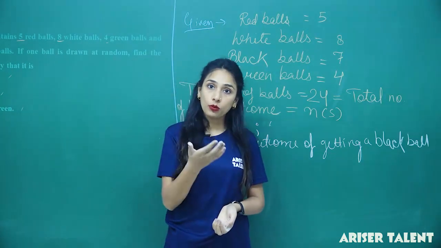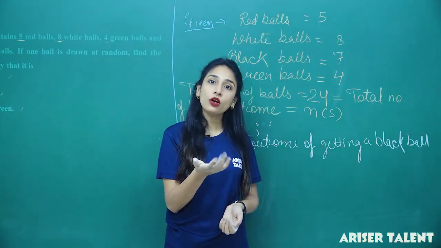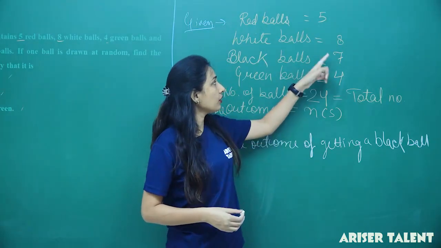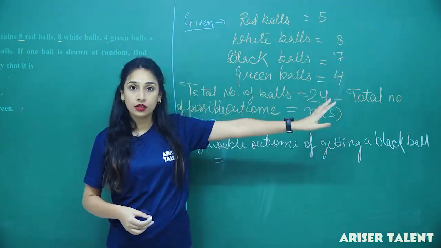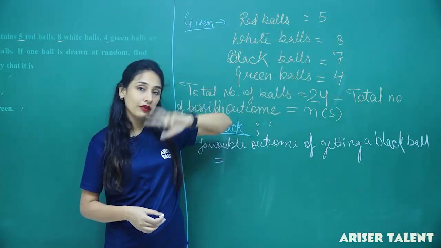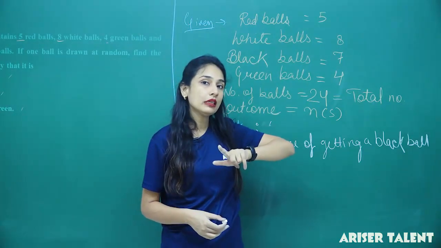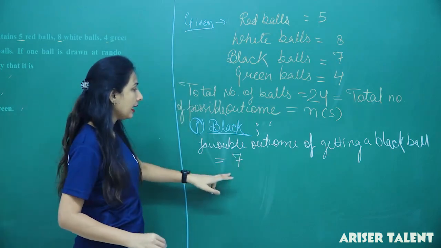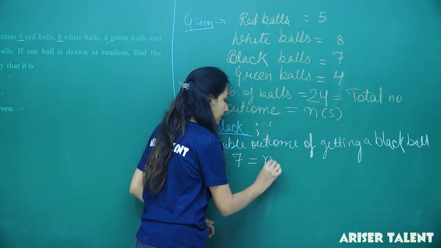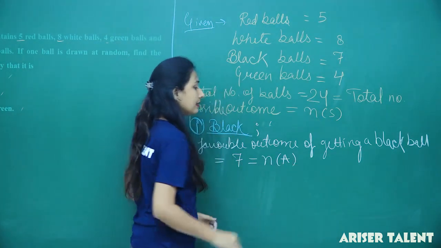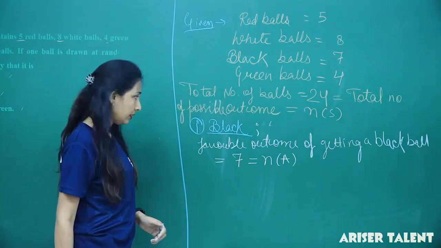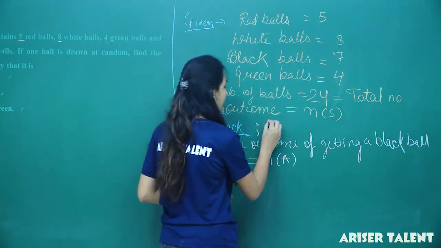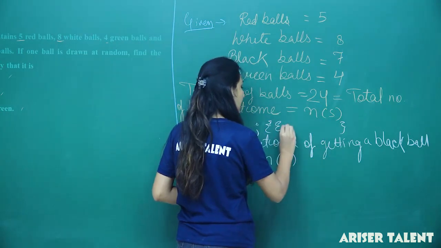So, the favorable outcomes are what? From 24 there are only 7 black balls. So, 7 are the favorable outcomes, student. Okay, then is equals to 7 and I'll have that as A, right? This black, let's suppose this as event A.